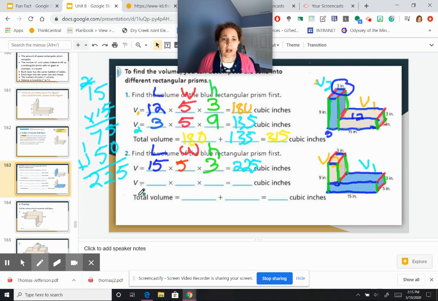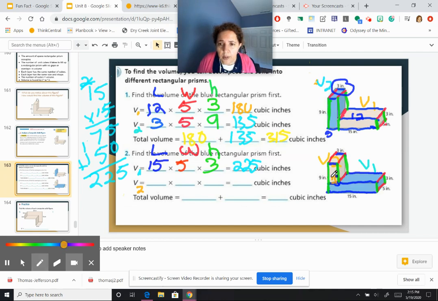Now I'm going to find volume 2, which is this rectangular prism right here. So I need to find my length for that one. So that one, my length, remember, are in blue. So that's a little piece here. So if this is 3, that's 3. Remember, we said that's 3. Oops, that should be in blue, right? Let me get my blue.